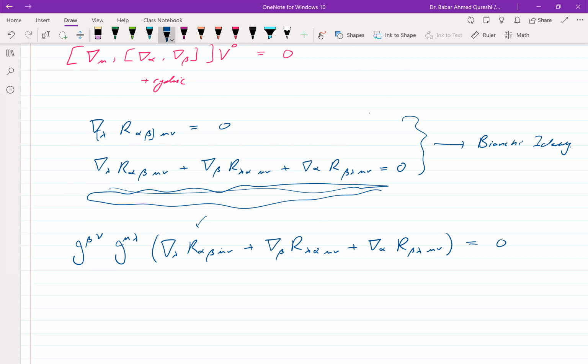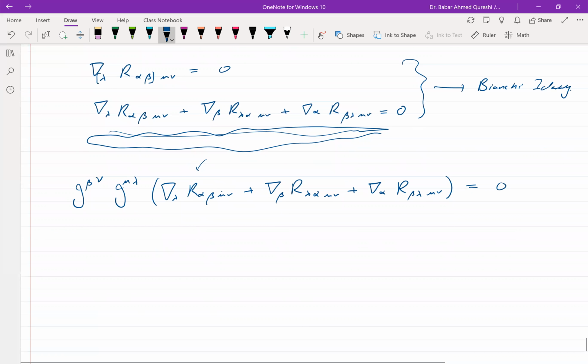So let's see what we get if we do this. First of all, because of metric compatibility, the metric can just be taken inside the covariant derivative, and this covariant derivative index just acts like a vector index.